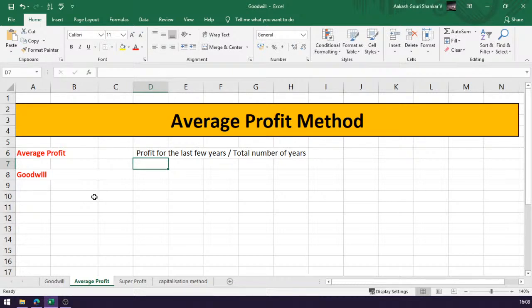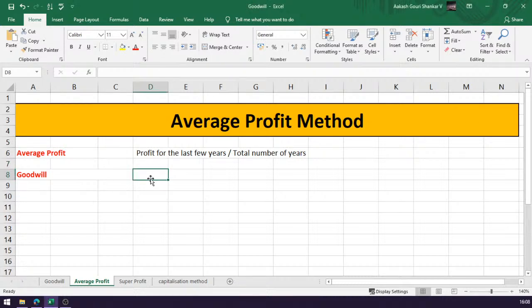Assume the profit is for the last 5 years, so the denominator will be 5. If the profit for the first year is 10,000, second year is 15,000, third year is 30,000, fourth year is 50,000, and in the fifth year we get a loss of rupees 10,000, we sum all of these and divide by 5 to get the average profit.